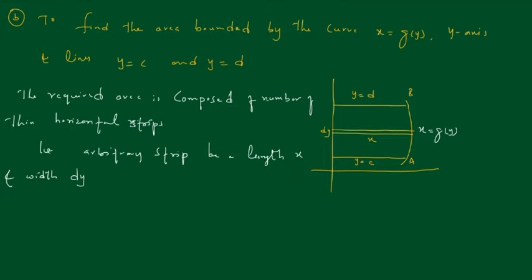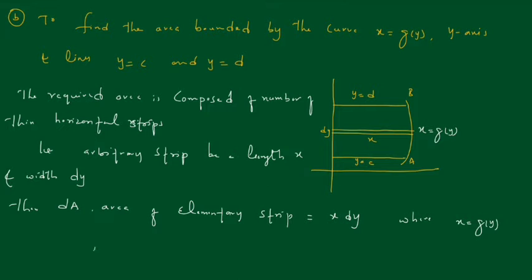Then dA equals the area of the elementary strip, which equals x dy, where x equals g of y, right?